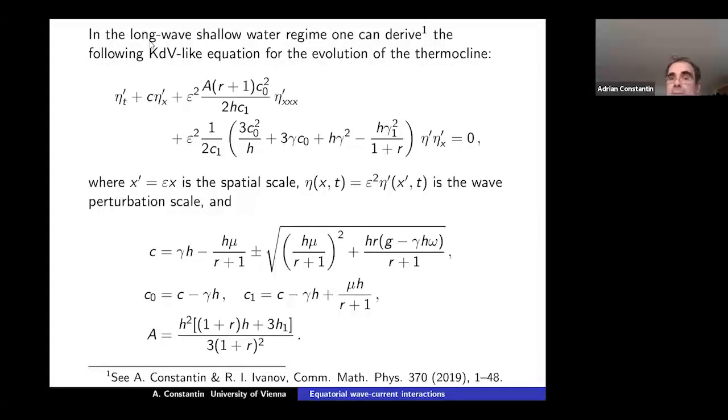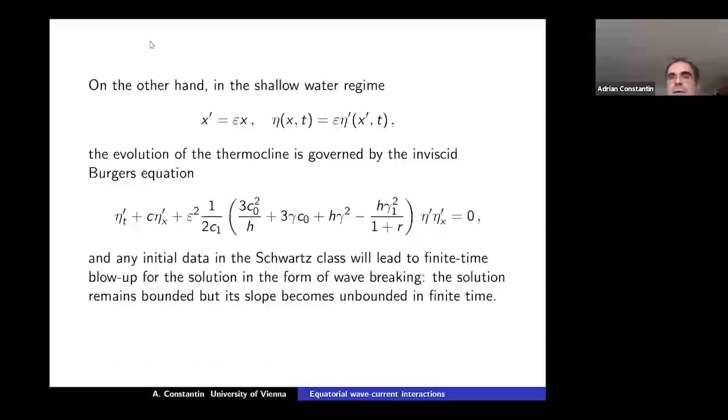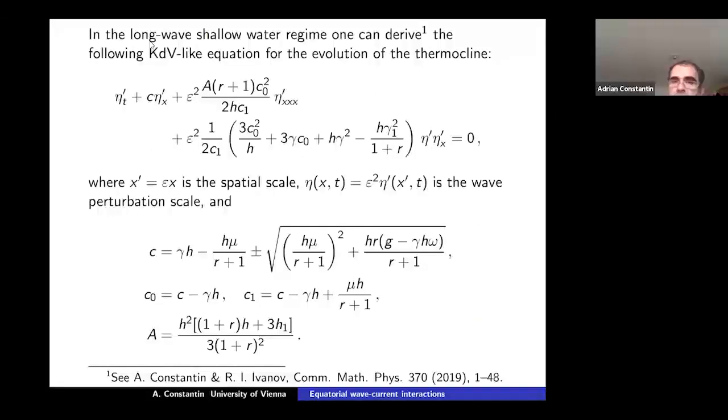This is the shallow water evolution of the thermocline. In the shallow water regime that is written here, if you take steeper waves, then you get a Burgers equation, which is here. This is again for the thermocline. And there is data where they can keep track of soliton interactions in these internal waves. So it is not an accident that you get something like this.